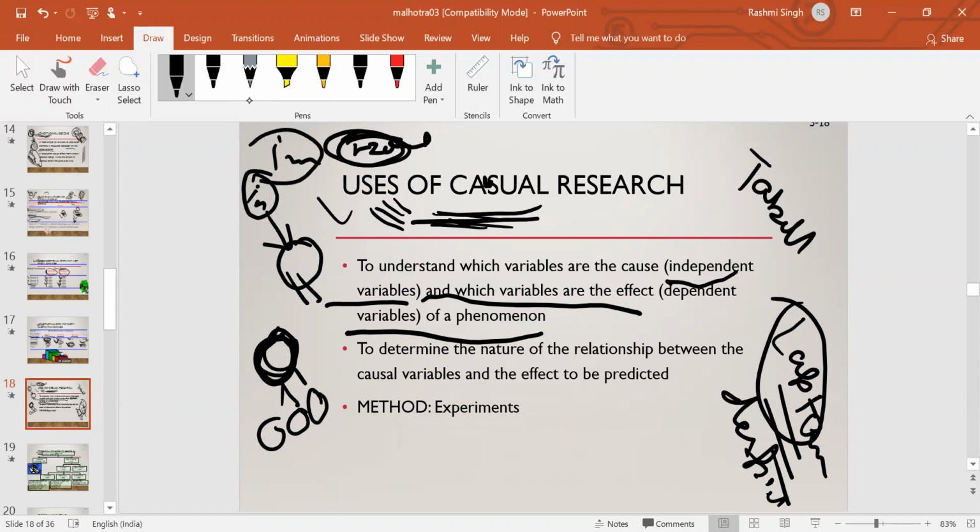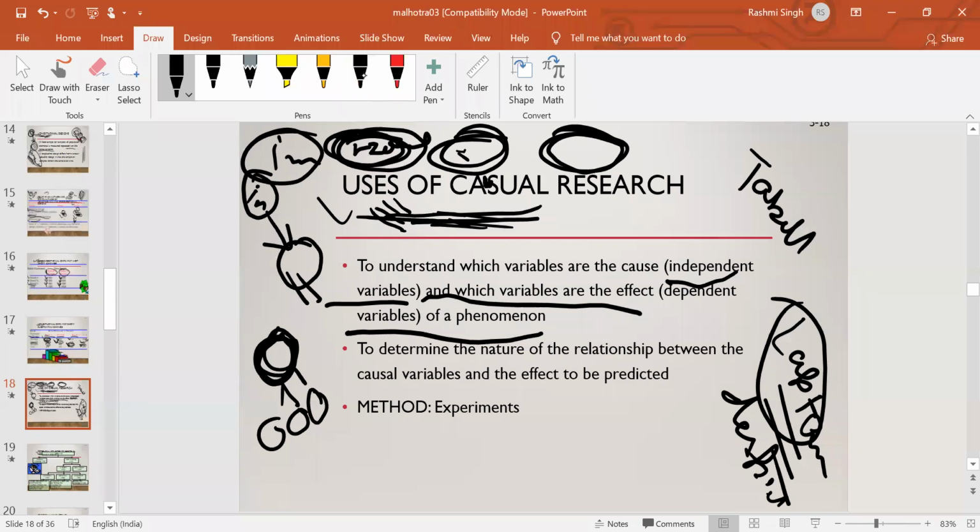If there is low internet connectivity, what will happen? Or what is the effect on the students' performance in online classes? So here student performance is a dependent variable, and taking online classes through Zoom is the independent variable. So this is a cause and effect type of relationship. So that is the causal research.